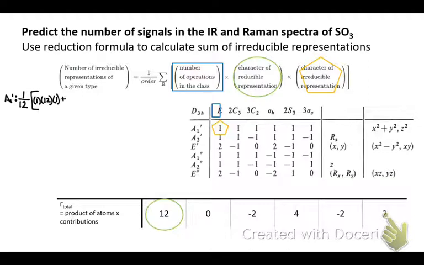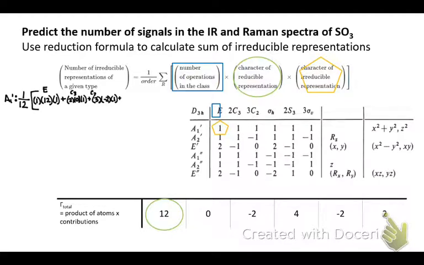So that was for E. Next we're going to do C3, and we see that we've got 2 times 0 times 1. We're going to do the same thing for the C2, where we've got 3 times -2 from the reducible representation times 1.